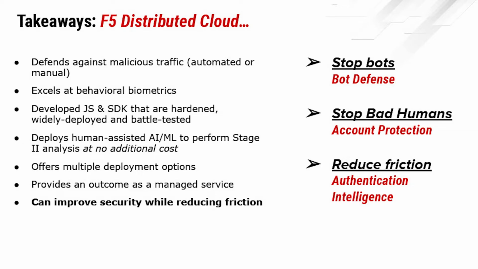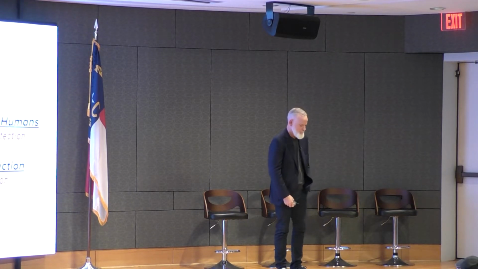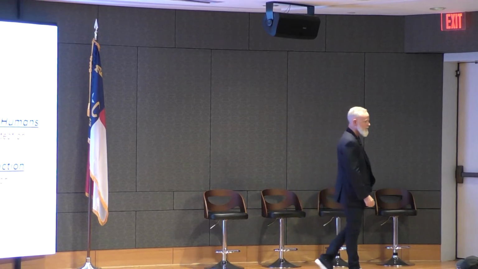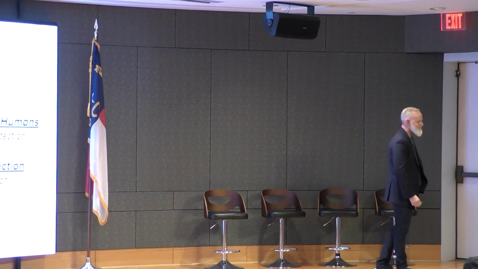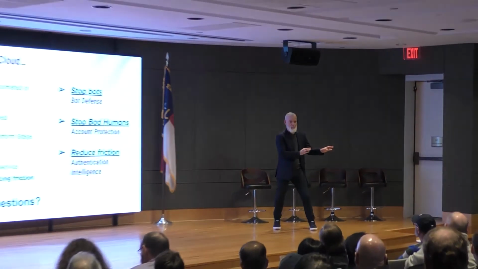Yes? I'm just curious what kind of impact this has for companies that are spending a lot of money for increased bandwidth to support 80 to 90% bot traffic. Have you ever been able to go in and say, look, if we can mitigate this, you don't need multi-gigs worth of bandwidth that you're paying for? Yeah, you're exactly right. And that is not a planted question, I promise.